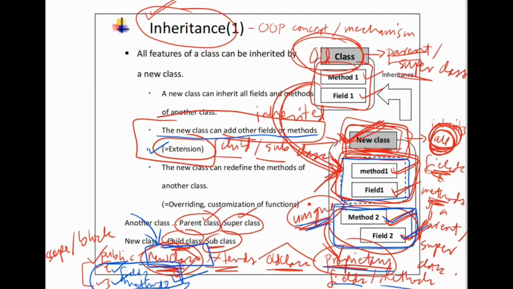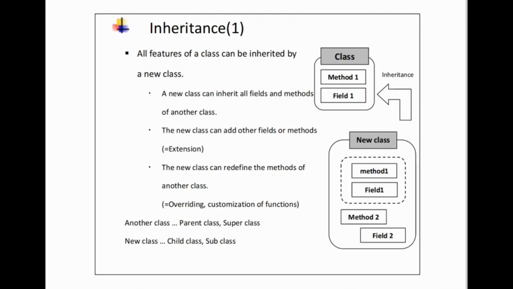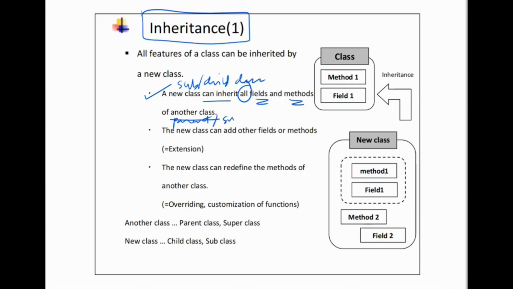When we employ extension. So again, when we employ inheritance, the new class, which we call the sub or the child class, can inherit all the fields and methods of another class, which we call as the parent or the super class. In this case, this is the parent or the super class, and this is the child or the sub class.